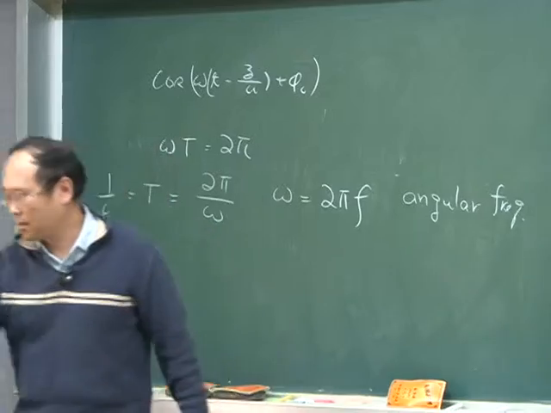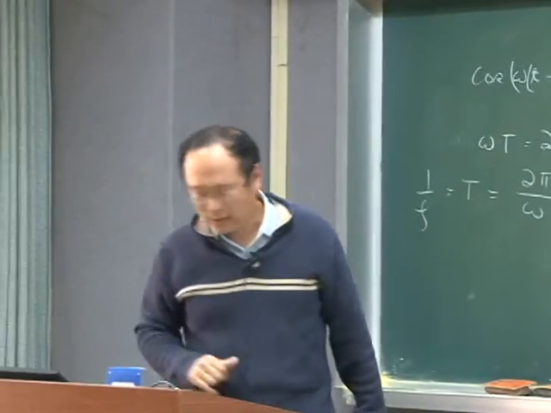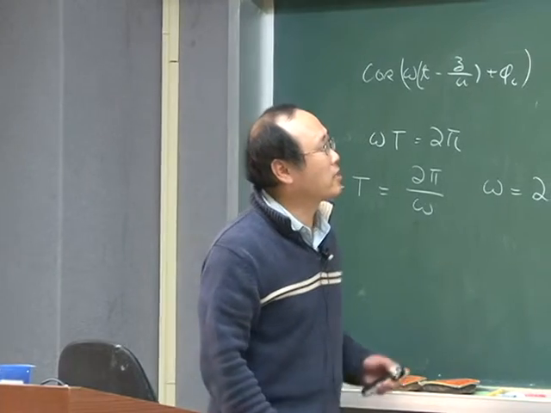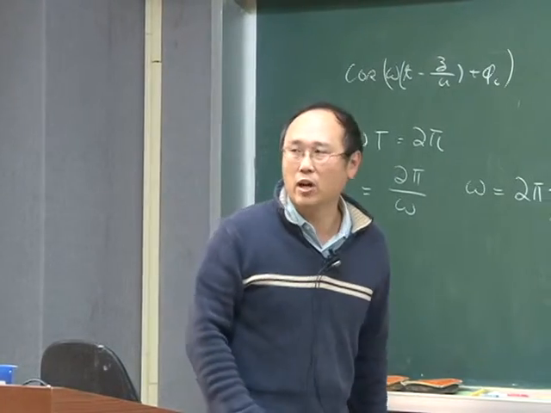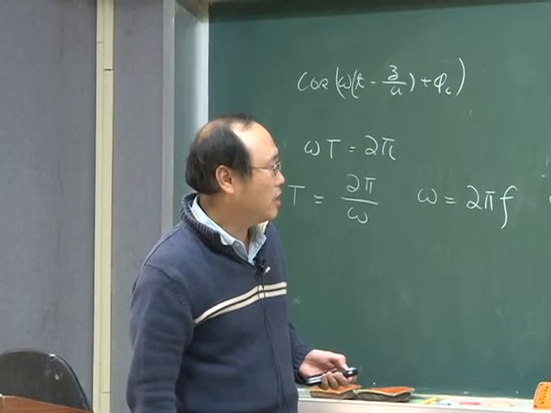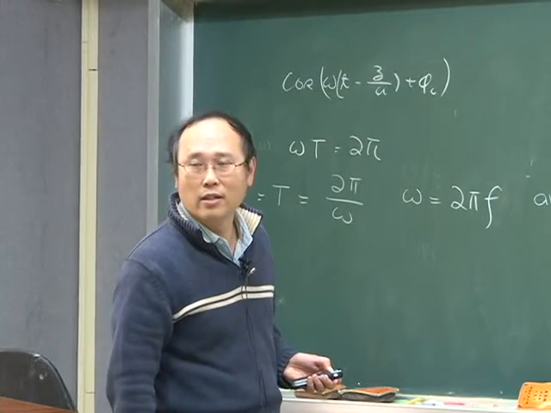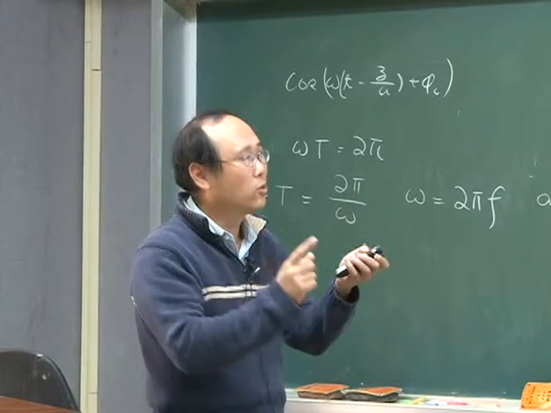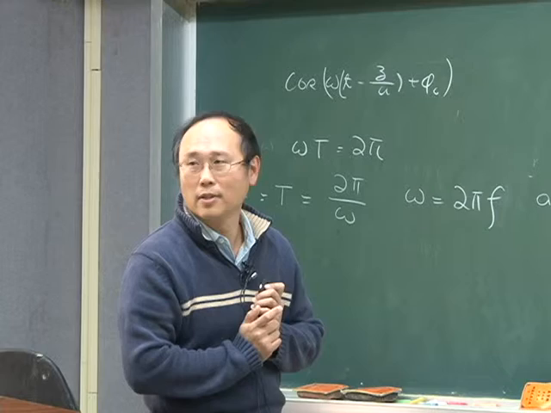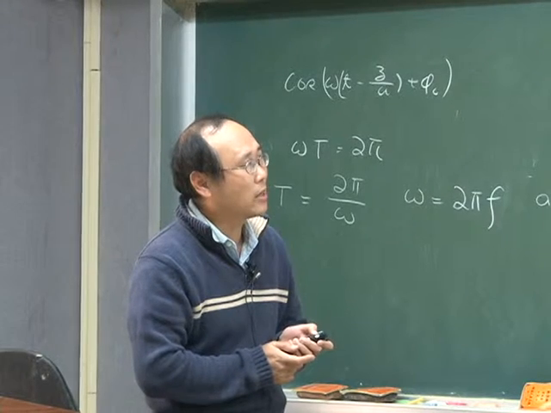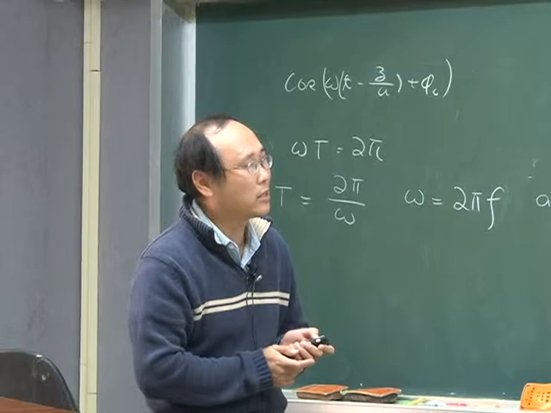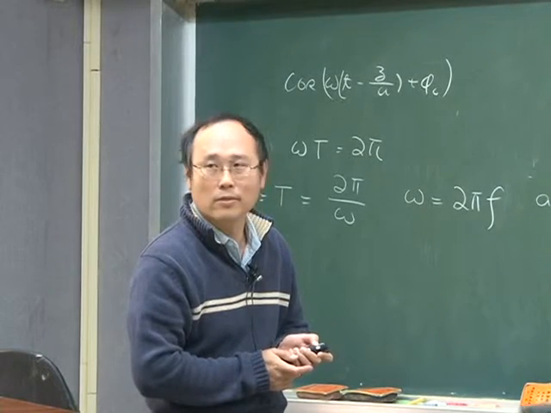Okay, so this is a very quick example to show how to understand the physical meaning of those parameters. Well, same thing. This T in the time domain is the time when this wave propagates from this point to this point. And in the spatial domain, the length between these 2 points is the wavelength, right?